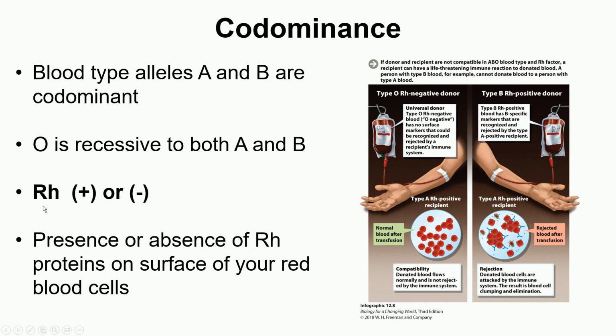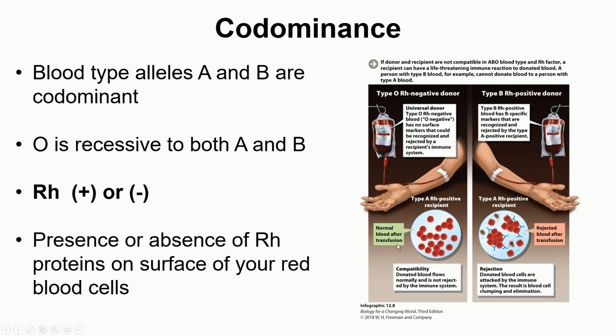If that is present, we call the blood type A plus, and if somebody has blood type B with it, we call it B plus. If the Rh factor is missing, then we call it A negative or B negative.